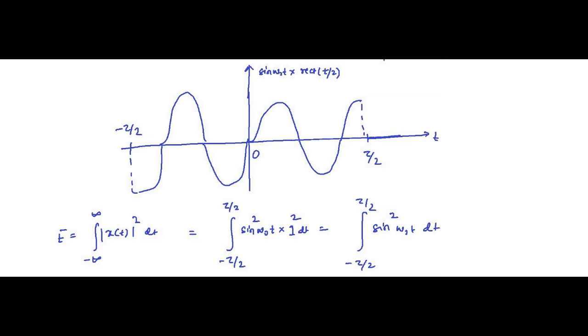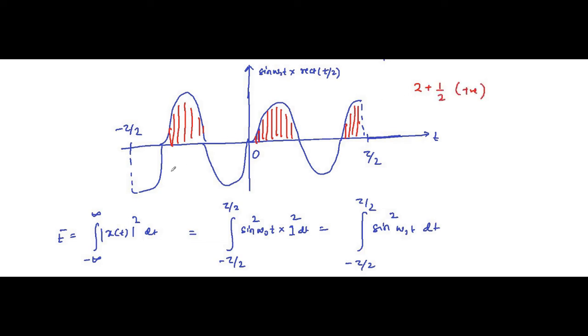The area occupied by the positive half cycles, let me use a different ink, red, this one and this: 2 complete positive half cycles and half, so 2 plus 1 by 2 on the positive side.